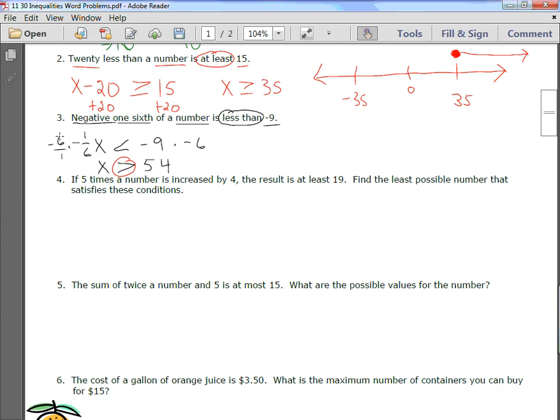So in order for me to graph that, I just have to graph a greater than 54. Just simple little graphs, but it is going greater than this time, not the original less than. The original less than changed because of the negative 1/6 attached to the variable.